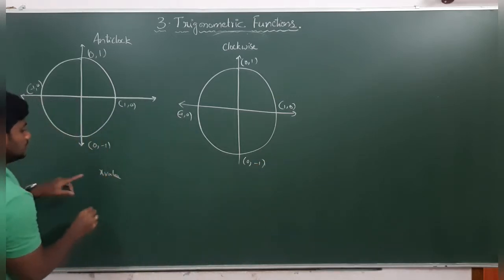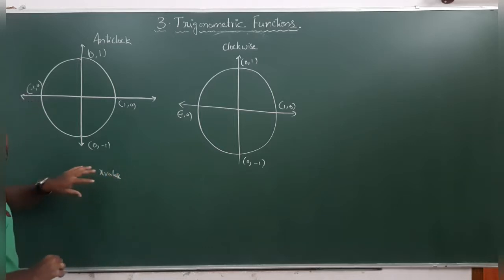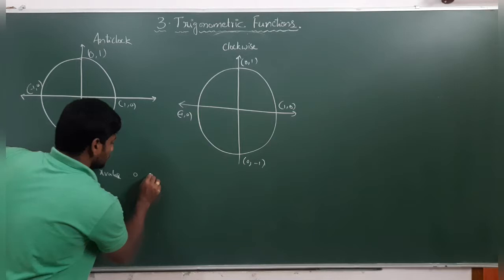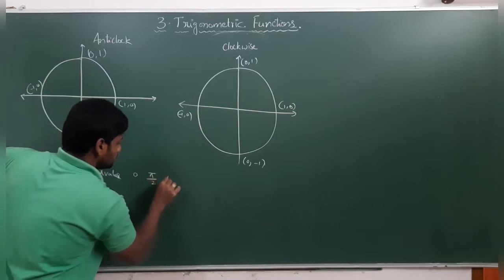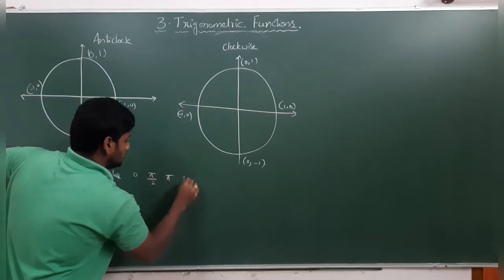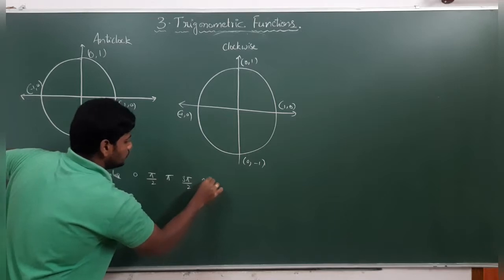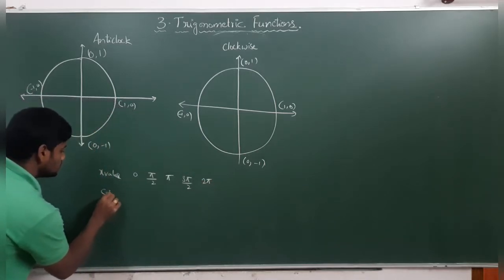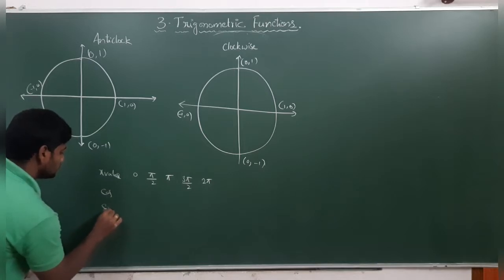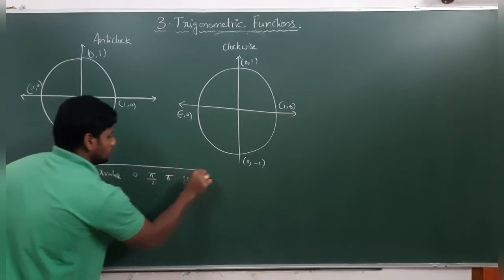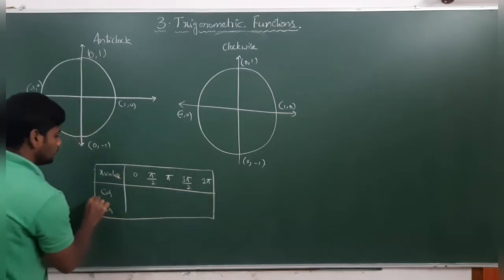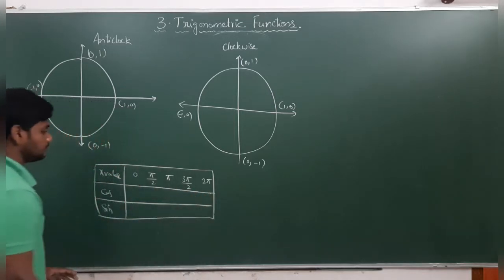Here the x values we will consider as angles. So those are 0, pi by 2, pi, 3 pi by 2 and 2 pi. So these values are for cos and also for sin. Then we will consider a positive angle which is rotating in anti-clockwise direction.